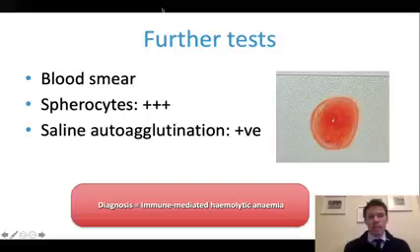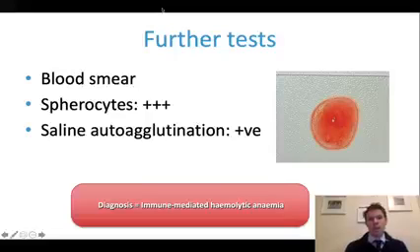So examination of a blood smear, always useful to look for any indicator of regeneration. So we might see an anisocytosis, we might see some nucleated red blood cells. They can be early indicators that we're going to see a regenerative pattern soon on our analyzer. But we're also looking for the presence of spherocytes, and in this case there were quite a few.